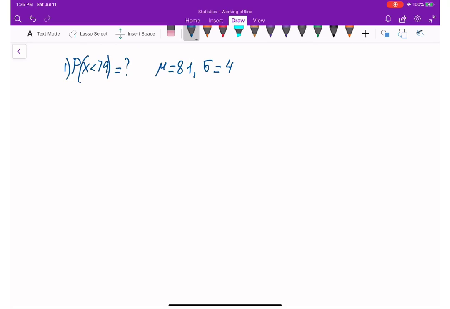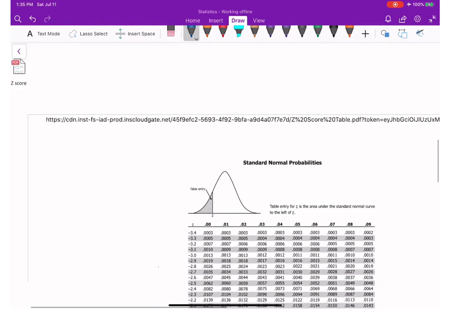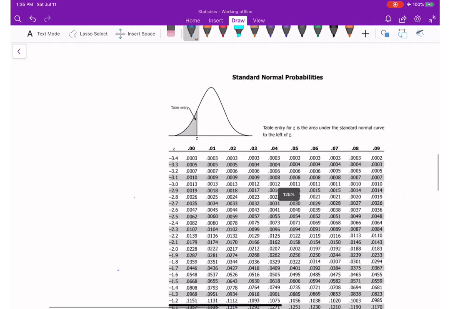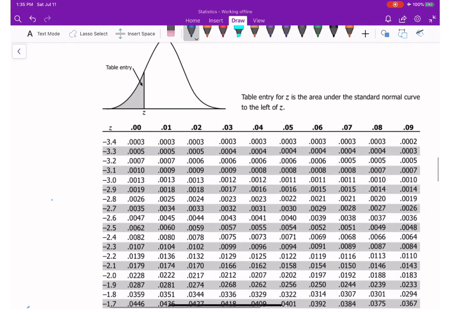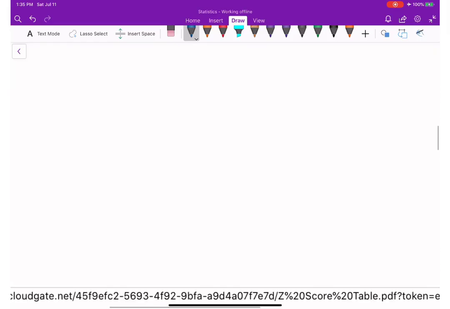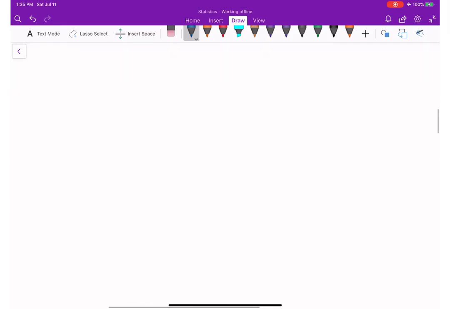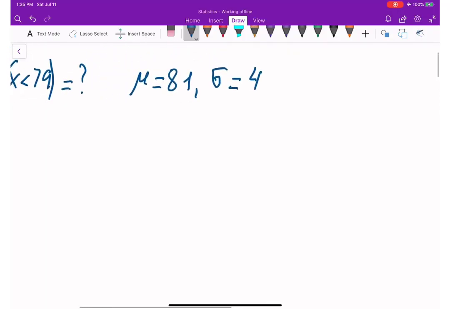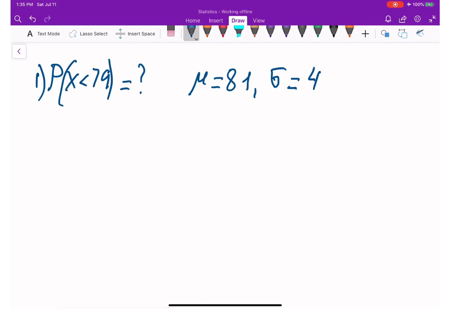Okay, so first of all, we know that access to the z-score table we can have only through the z-score. So with the data we have, we don't have direct access to the table. So at this point, what we are going to do, we are going to calculate the z-score first. All right, so let's see.